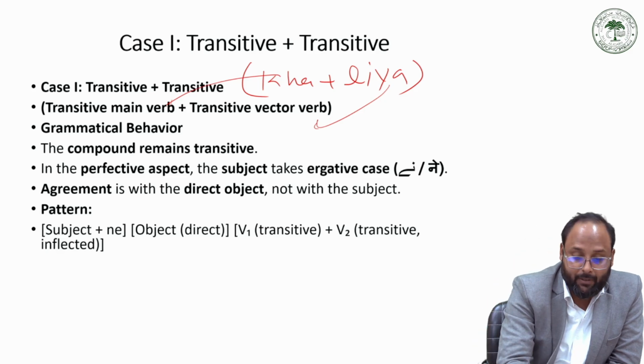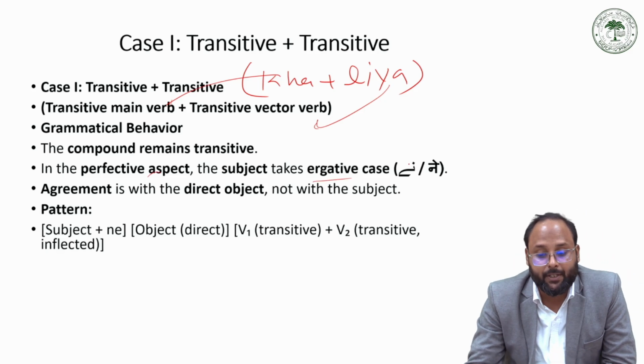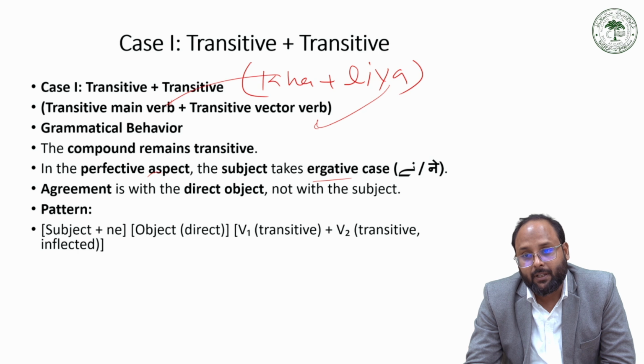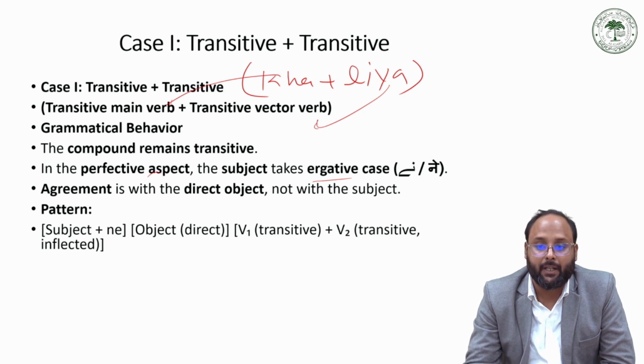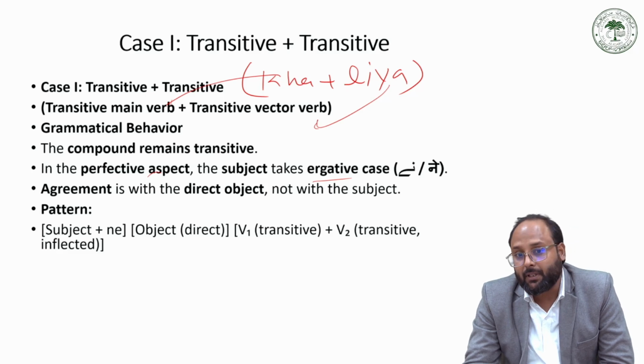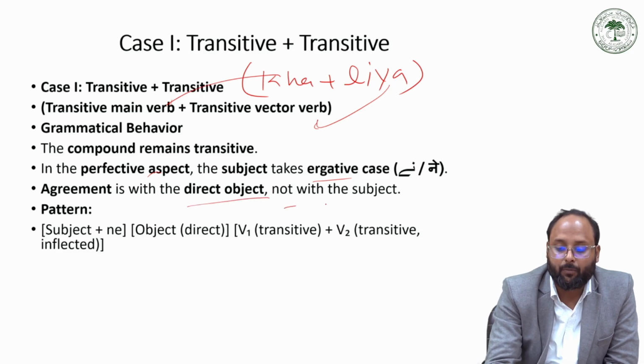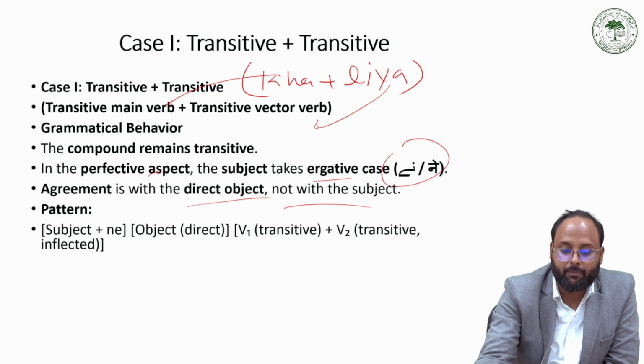And in the perfective aspect, the subject takes the ergative case. उसने खाना खा लिया. अहमद ने खाना खा लिया. But when I say अहमद खाना खा लेगा, that will not take the ergative case because लेगा does not have the perfective aspect. And the agreement is with the direct object, with khana, and not with the subject, because the subject is blocked by the ergative ne.